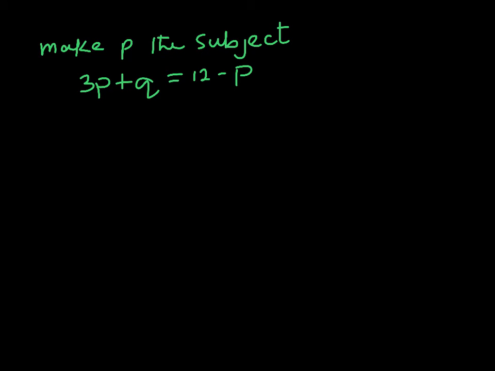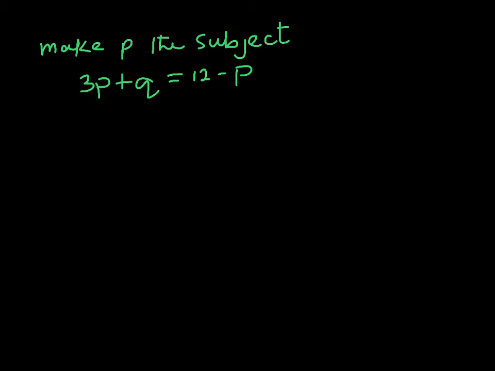Now let's make p the subject of this formula. So here we have 3p plus q is equal to 12 minus p. The first thing is that let's bring all the p's to the same side and all the q's to the other side, because what we need to make the subject of the formula is the p.